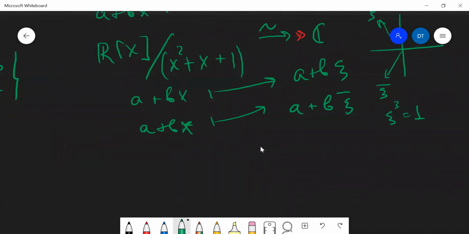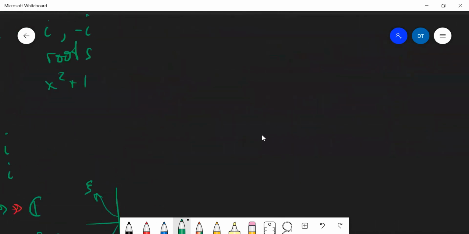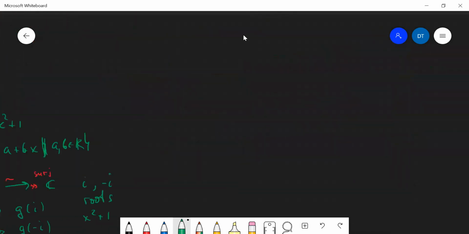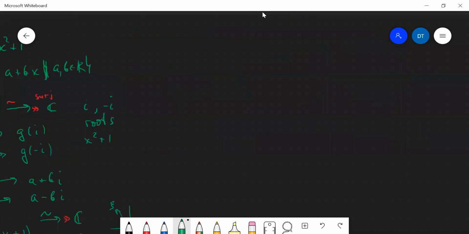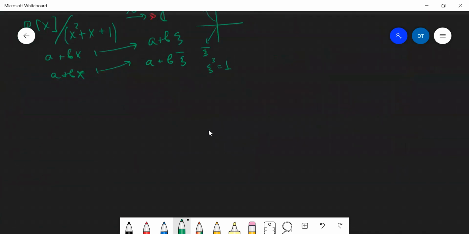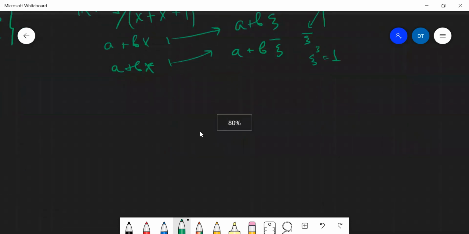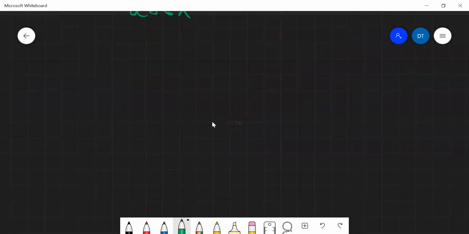Okay, now I want to switch to the Chinese remainder theorem and discuss one additional case. You will need it in your homework. So, for example, let's take the polynomial ring Q of x, and we have 10 minutes, as I can see. So yeah, we have enough.